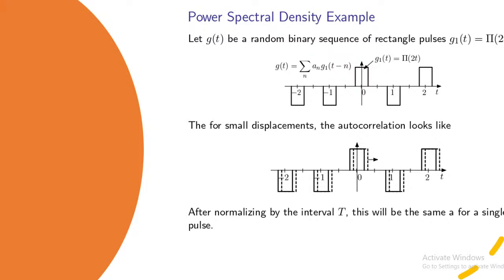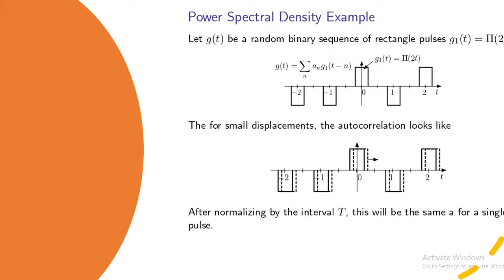So from that you can say g(t) is equal to the summation over n of a_n g1(t minus nT). That is how you represent g(t), and g1(t) is the gate function.